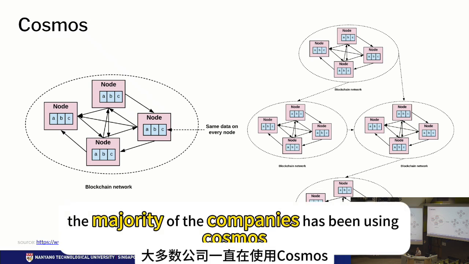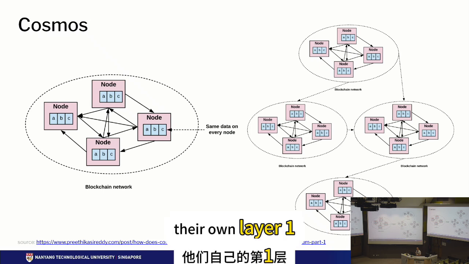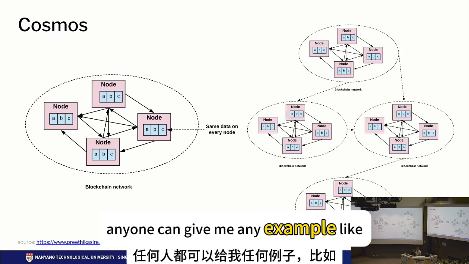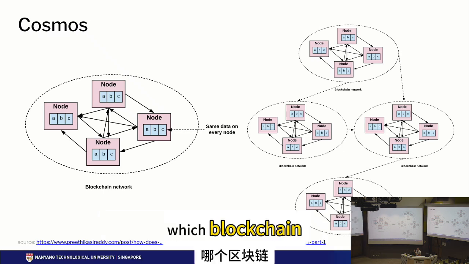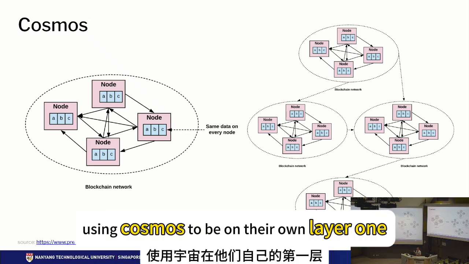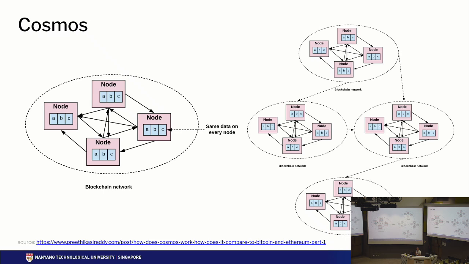But the majority of companies have been using Cosmos to build their own layer 1. Can anyone give me an example of which blockchain uses Cosmos to build its own layer 1? Anyone?